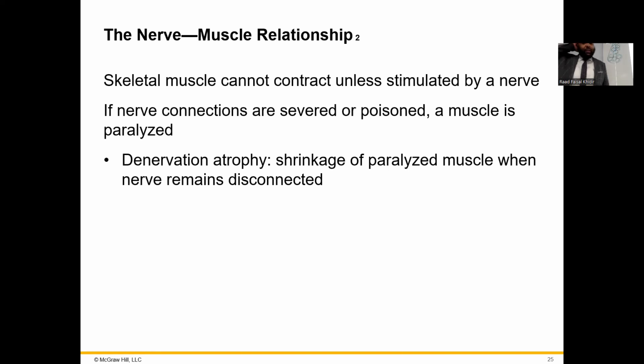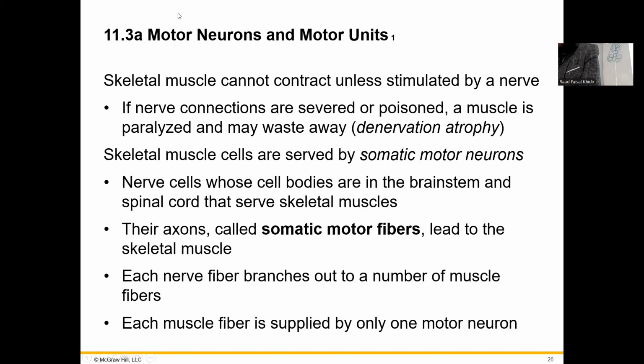There is denervation atrophy, and denervation atrophy represents shrinkage of paralyzed muscle when the nerve remains disconnected. Skeletal muscle cannot contract unless stimulated by a nerve.